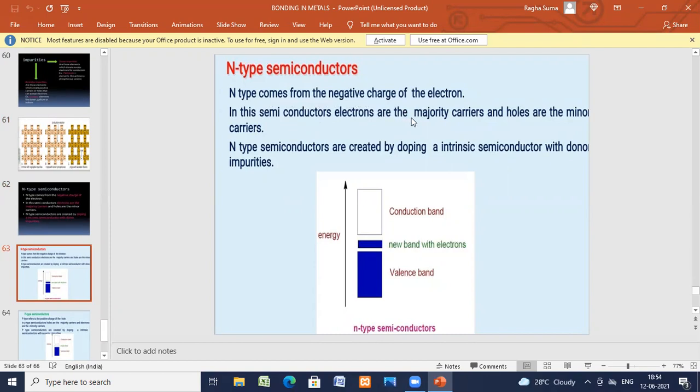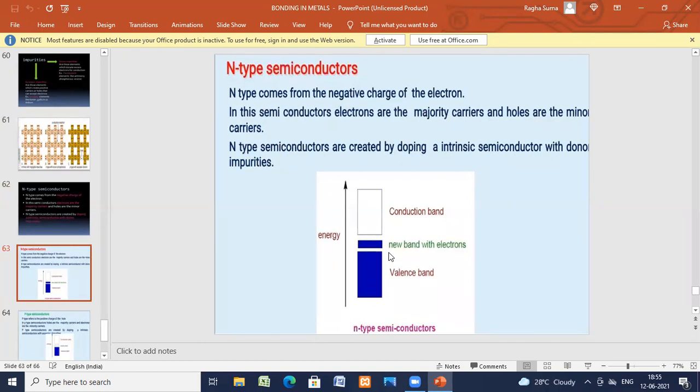In the semiconductor, electrons are majority carriers and holes are minority carriers. The energy level of the fifth electron is called the donor level. N-type semiconductors are created by doping the intrinsic semiconductor with donor impurity.